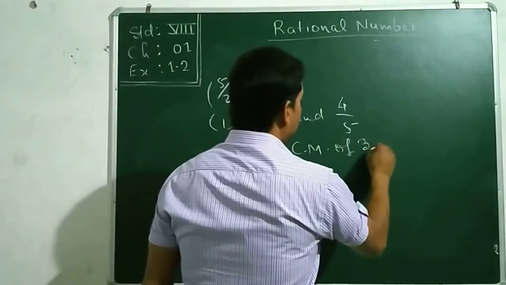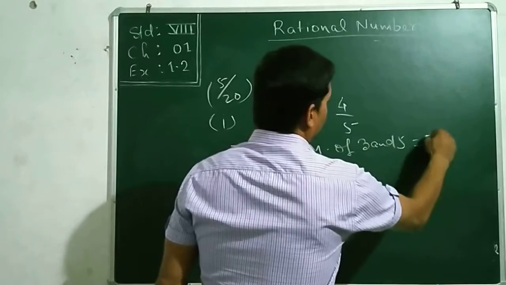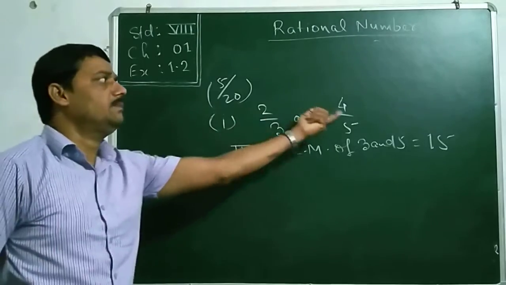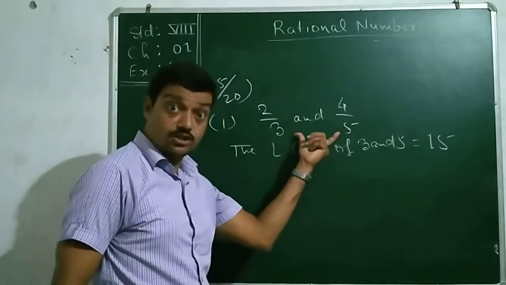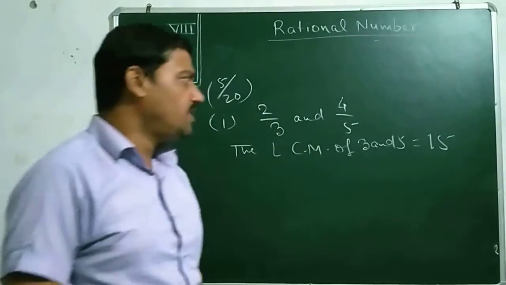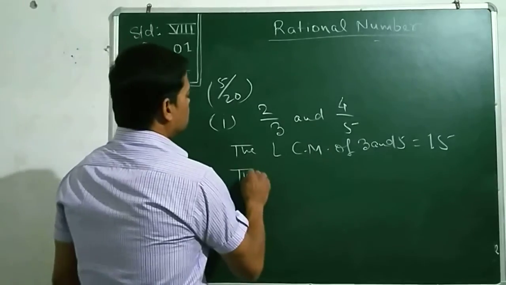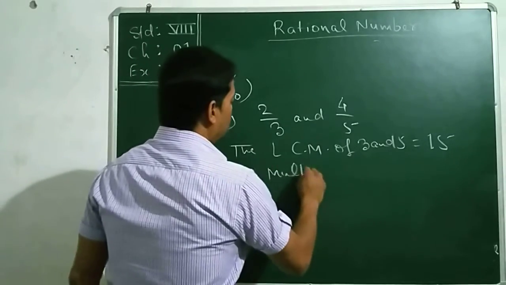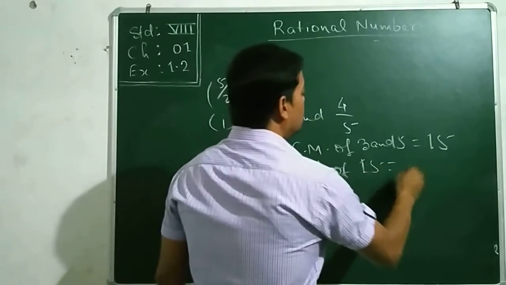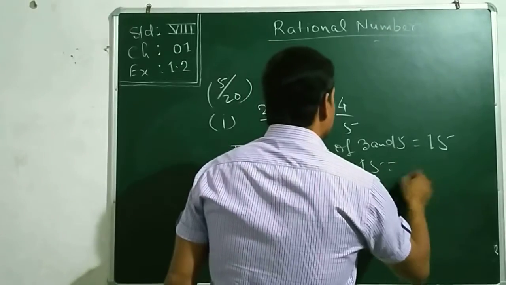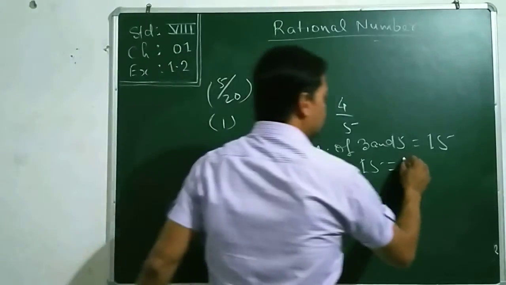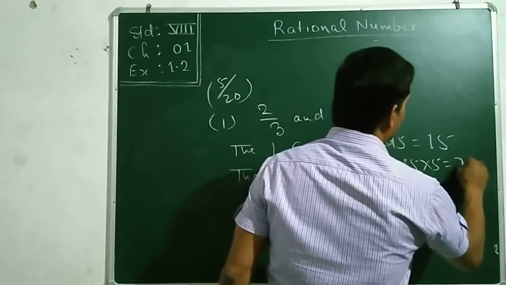The LCM of 3 and 5 equals 15. Now as 5 numbers are asked and both the numbers are positive, 5 numbers are asked in between both the numbers, the convenient way is the multiple of 15. 5 numbers are asked, multiply by 5. 15 into 5 equals 75.